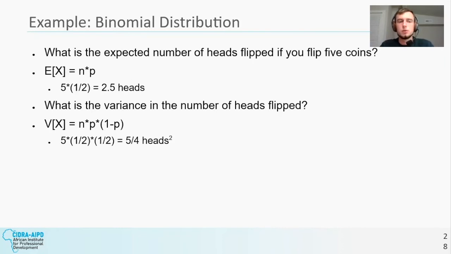To highlight this again, once we knew it was the binomial distribution, this got a lot easier. Otherwise, if we were trying to find the expected number of heads flipped the old way, we would have to figure out the number of permutations which give 1 head, find the size of our sample set, divide by it, and get a number.